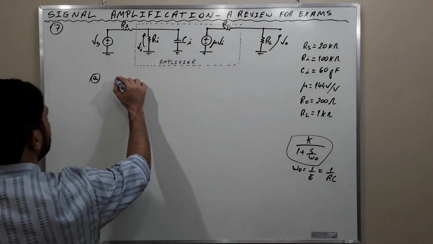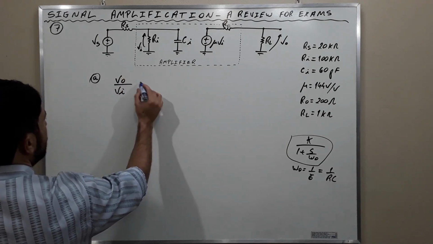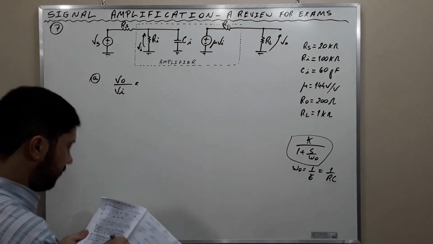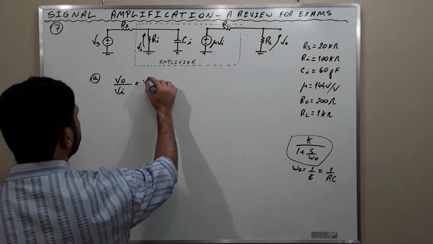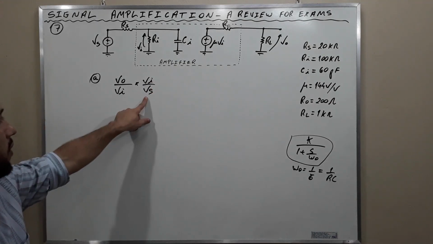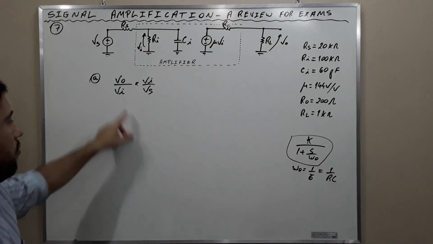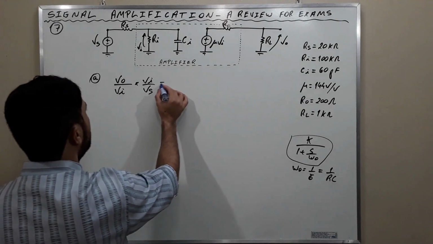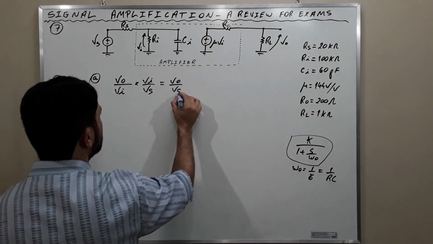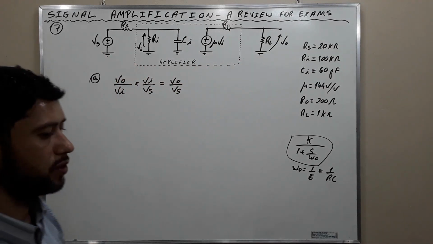VO over VI times VI over VS. We calculated first VI over VS, and secondly we calculated VO over VI, and this is VO over VS from load to source.